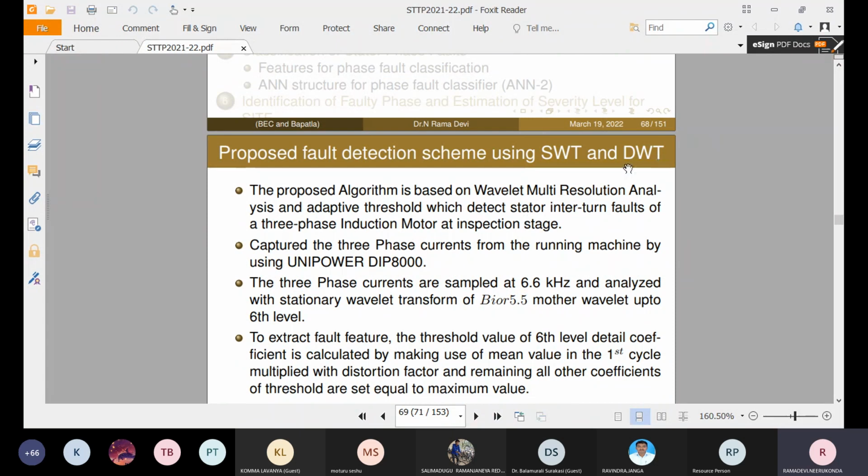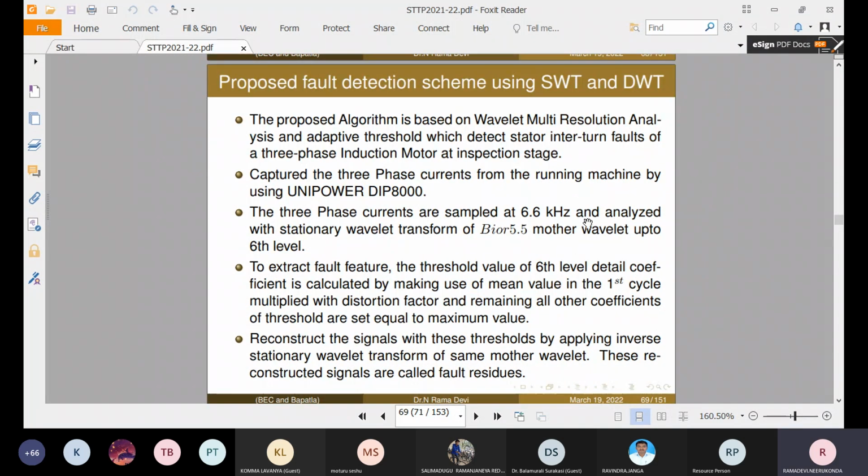Making use of these two wavelets, we again build an algorithm. The steps we proposed in that algorithm are: capture the signal with a sampling frequency of 6.6 kilohertz.